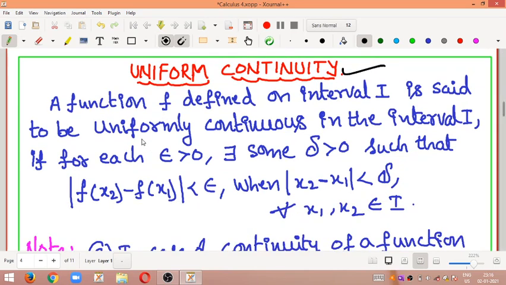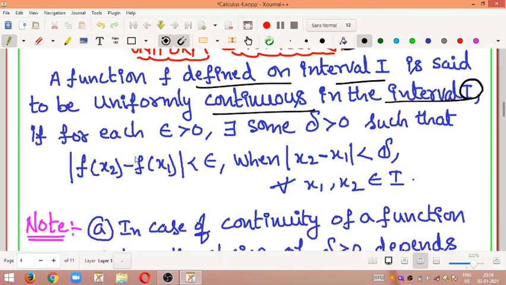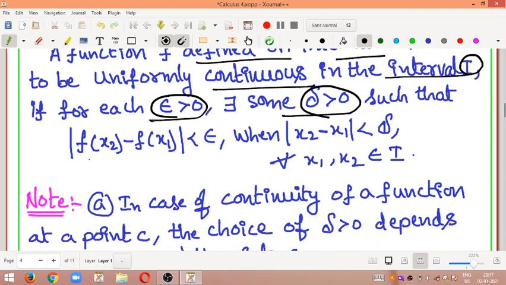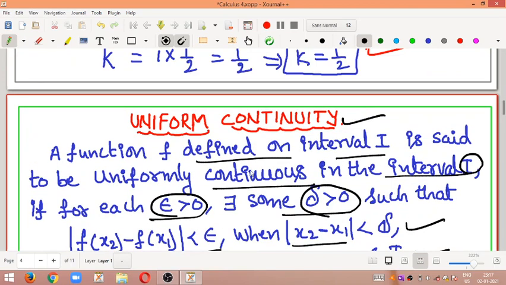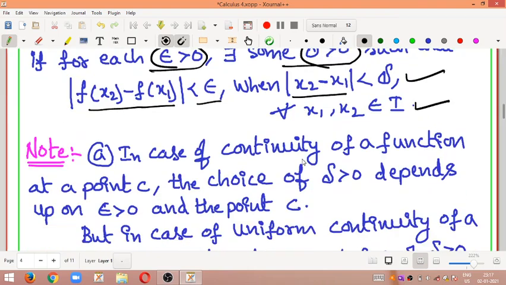Uniform continuity means a function f defined on an interval I is said to be uniformly continuous in the interval I if for each epsilon greater than 0, there exists delta greater than 0 such that mod f of x2 minus f of x1 is less than epsilon when mod x2 minus x1 is less than delta for all x1, x2 belonging to I. So this is the uniform continuity definition.